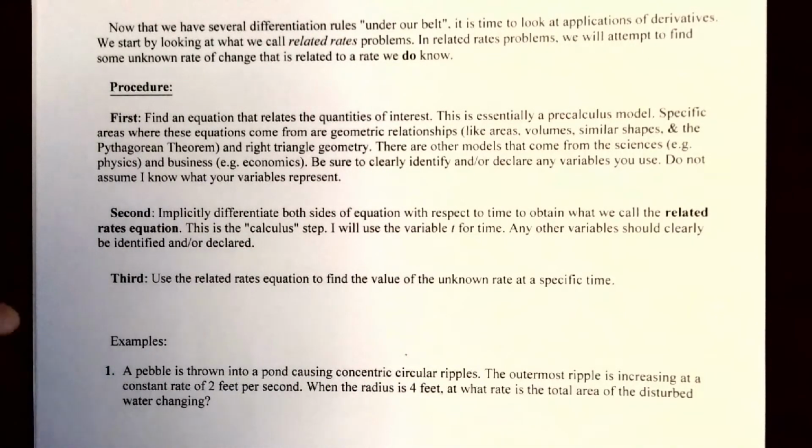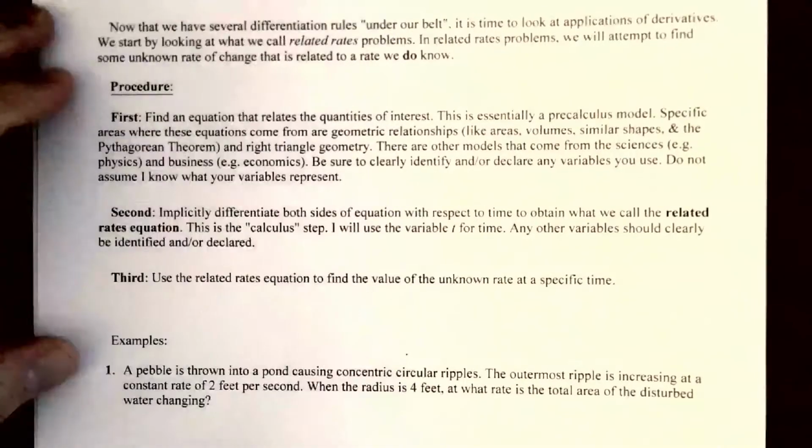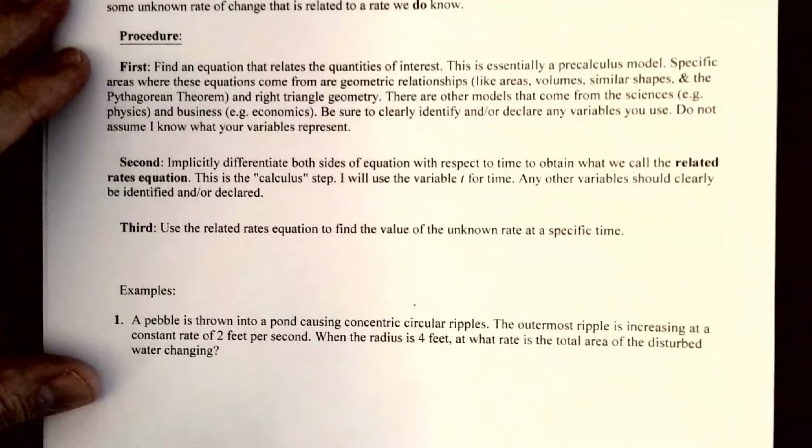When we're doing this process, if it's not clear, you should clearly identify any variables you use. Typically, if you have a geometry type problem, you can label the diagram and indicate your variable quantities there, or you can write a brief statement of what they represent. So you shouldn't assume that I know what any variables represent.